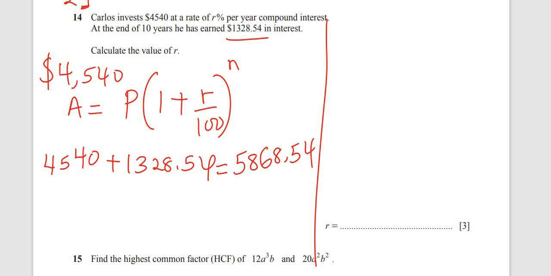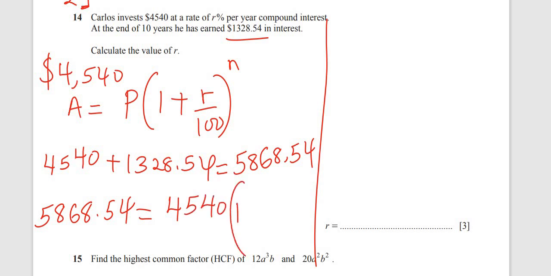So we just need to substitute the values into the formula for us to get the rate. So the amount 5,868.54 is equal to the principal amount, which is 4,540, then multiplied by 1 plus the rate to the power of n, which is 10 years.